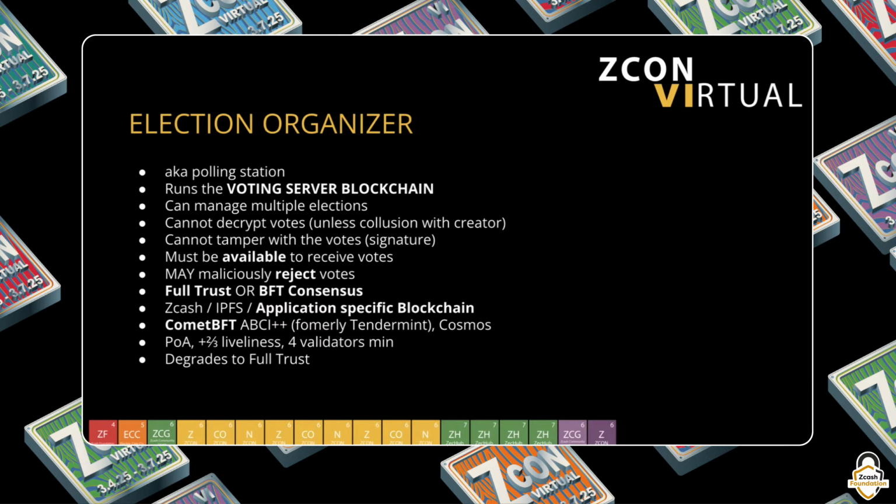essentially the polling station, as I said earlier. Right? They receive the election file from the creator, and they are going to print out the ballots. Printing out the ballots in the world of the internet is essentially putting a file online, right? So they put this file online. There's software for that.